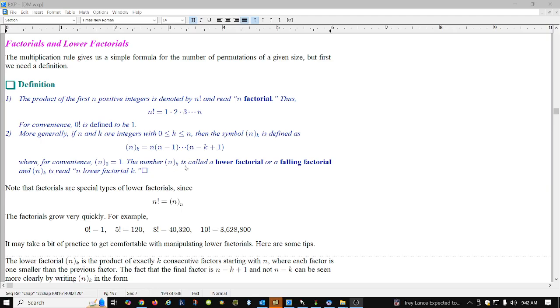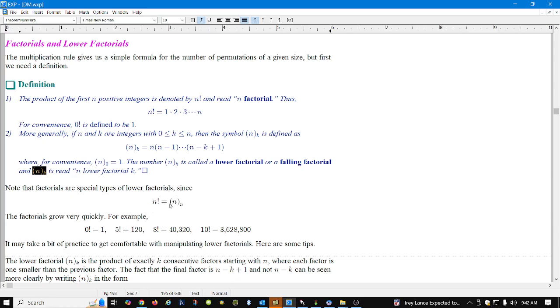This number is called a lower factorial or a falling factorial. So I would read this as n lower factorial k. And you'll see in a minute or two why anyone would bother with this concept. The ordinary factorials are special cases of lower factorials.